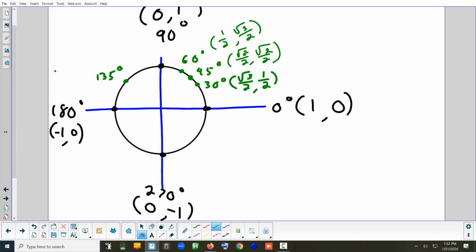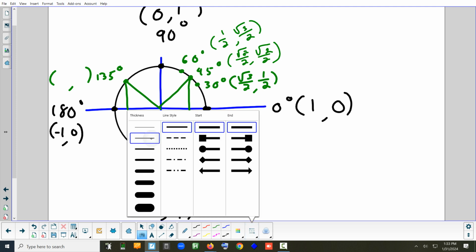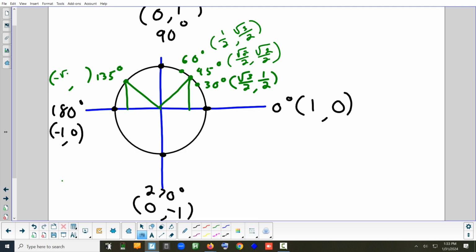So what do you think the coordinate for 135 would be, based on the fact that it's just a mirror image of this triangle on that side? Negative square root of 2 over 2, square root of 2 over 2. Yep, negative square root 2 over 2 because you went left, and square root 2 over 2 up. So if that idea makes sense, then all the angles that we do today are going to make sense.